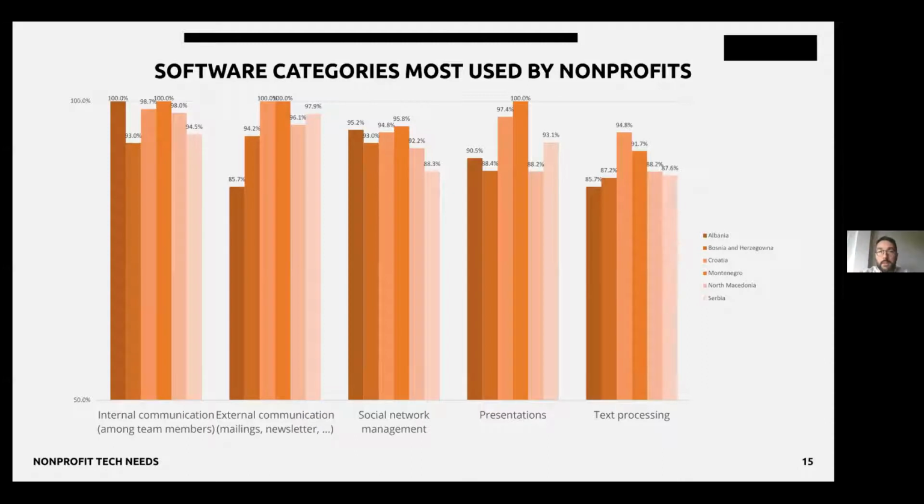So we see that the type of software used by nonprofits is mainly tools for communication and social network management. Text processing, so we're talking about Microsoft Word, presentations. These are the kinds of software that are mostly used by nonprofits. And this is something that you would have seen probably 10 or 20 years ago. So we see a bit of a lag here.